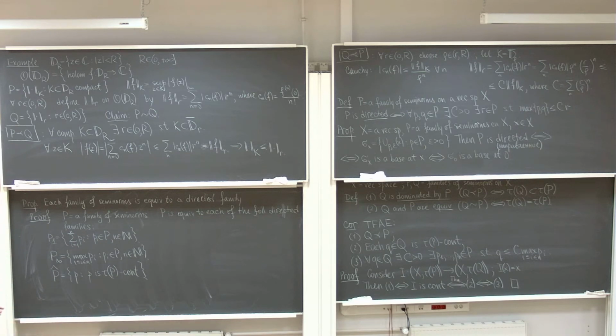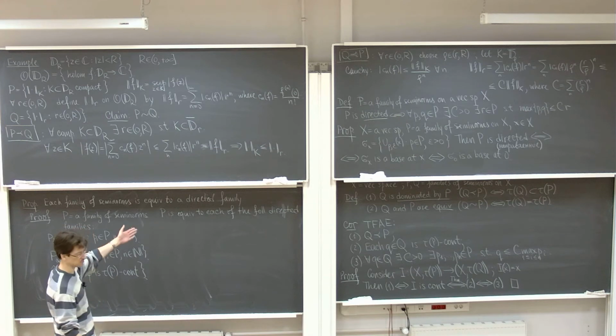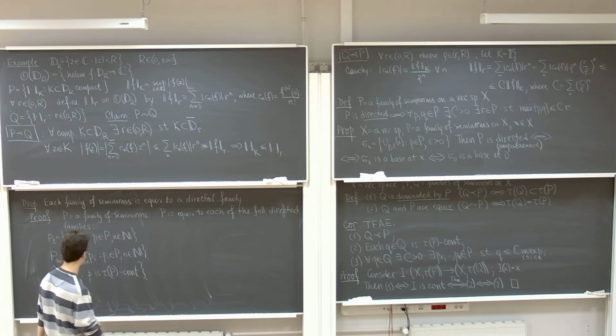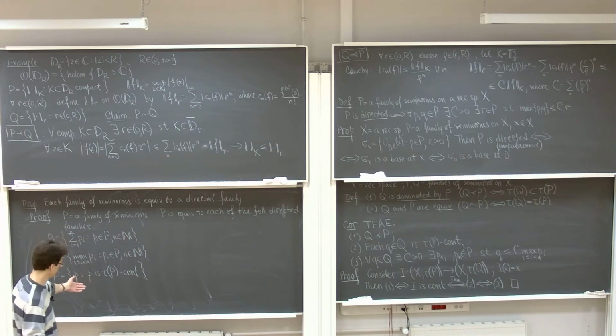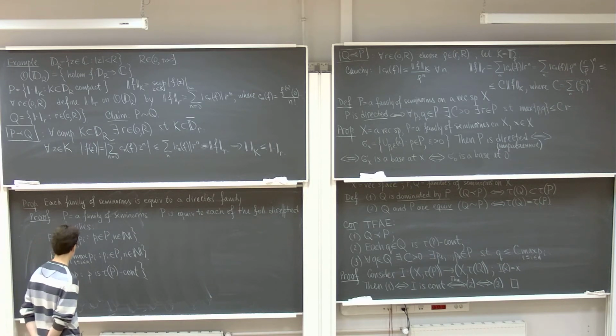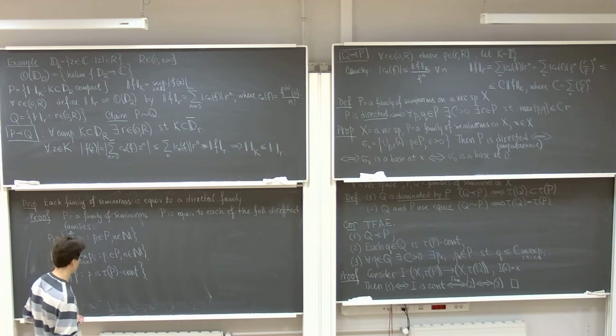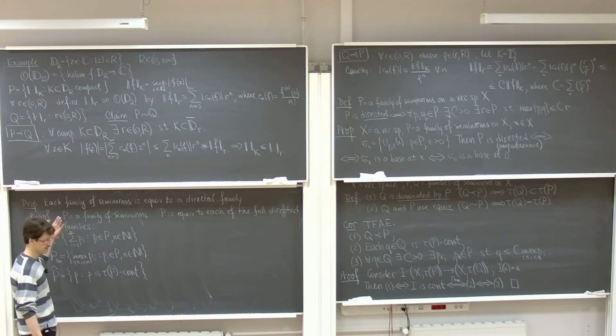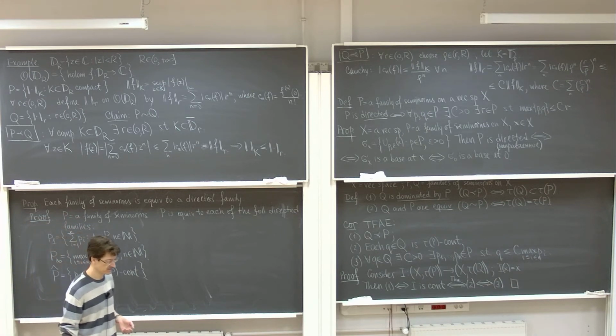So it follows from our criterion of equivalence of seminorms that each of them is equivalent to P. Clearly, each of them contains P, and so each of them dominates P. But on the other hand, each seminorm from any of these families is dominated by a finite maximum of seminorms from P, and so actually they are equivalent.